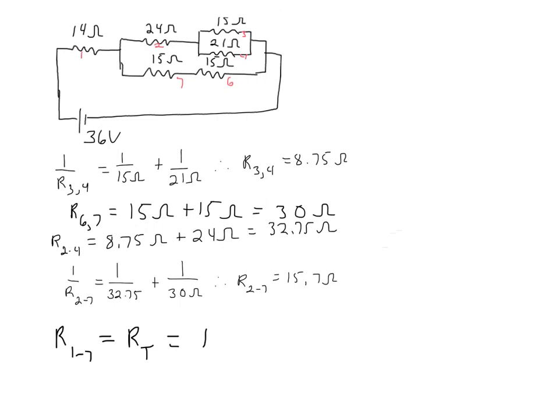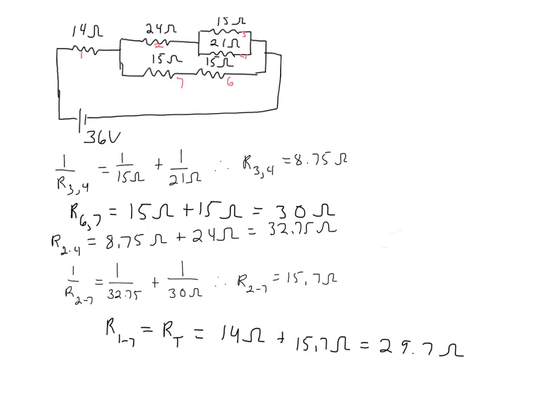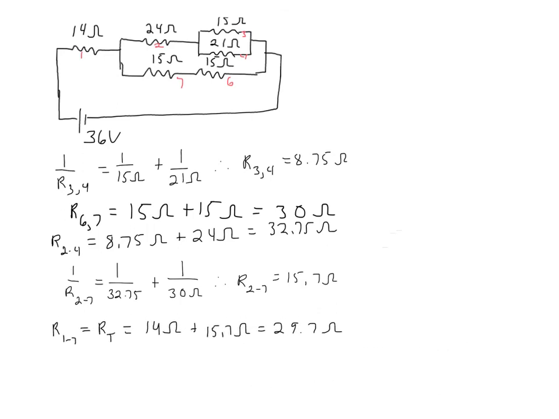So R1 is 14 ohms, plus R2 through 7 is 15.7 ohms, and that ends up equaling 29.7 ohms. So that's the first part to find our total.